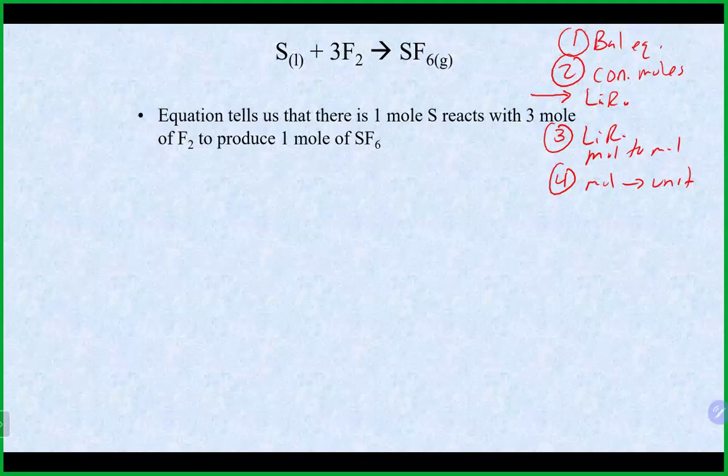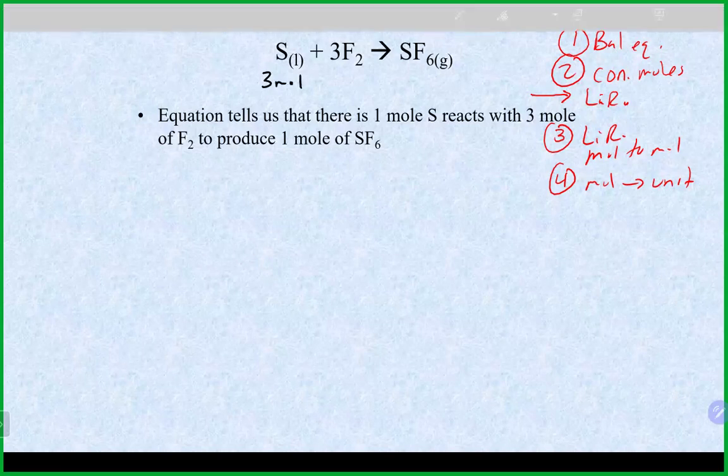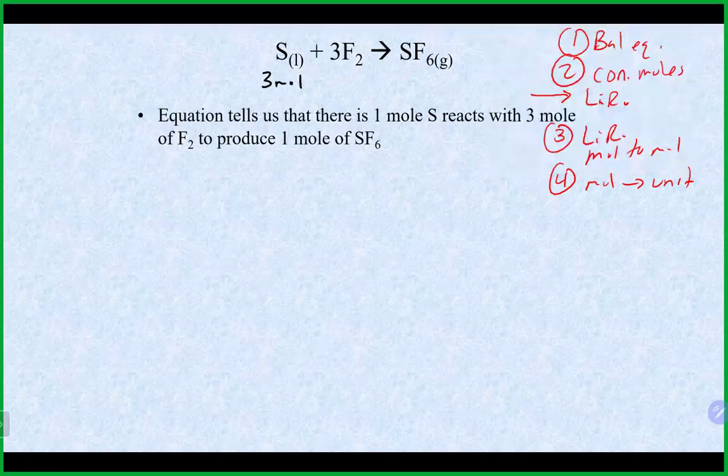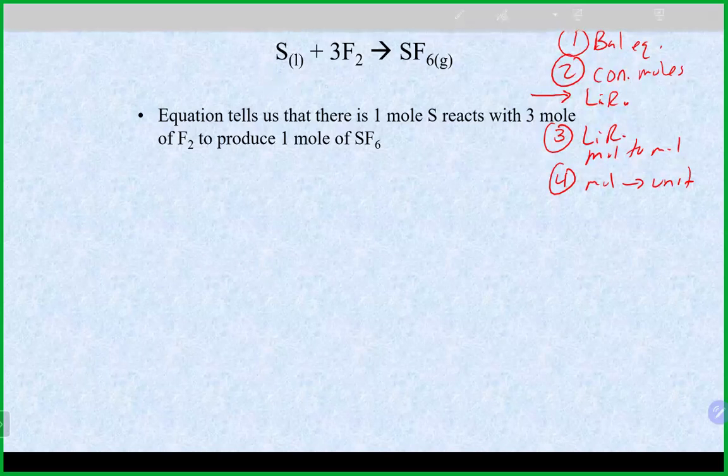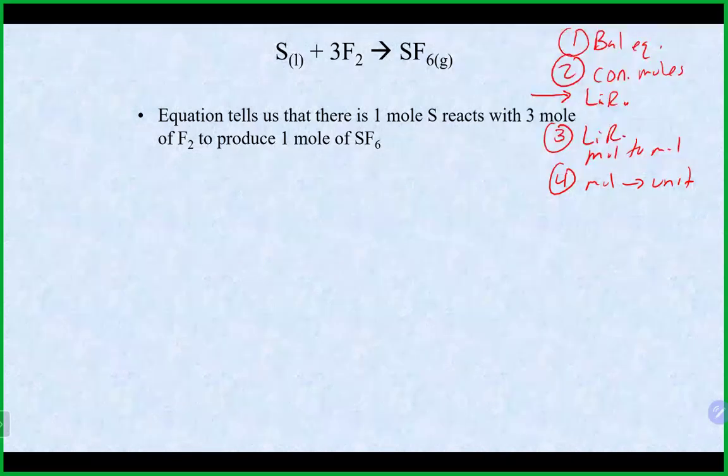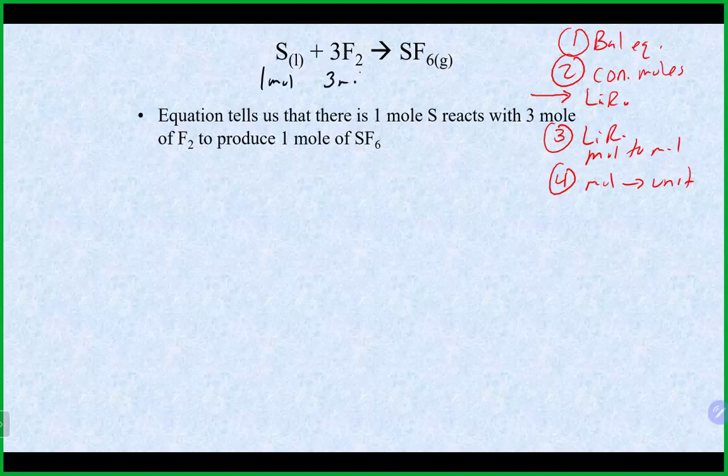So let's just say in this experiment here, we have this reaction and we're mixing 3 moles of sulfur. Actually, I did it backwards. We're doing 3 moles of fluorine actually there. We'll do what it actually says, might be good. We have 1 mole of sulfur and 3 moles of fluorine in this case.